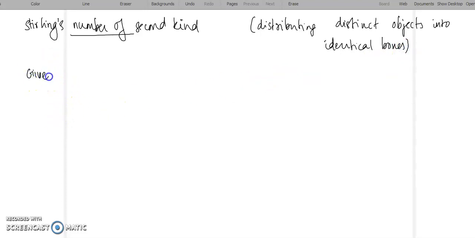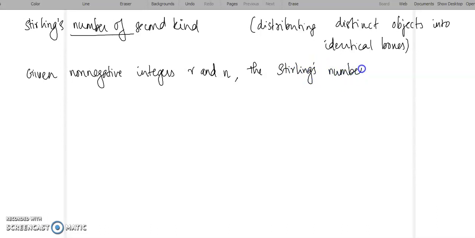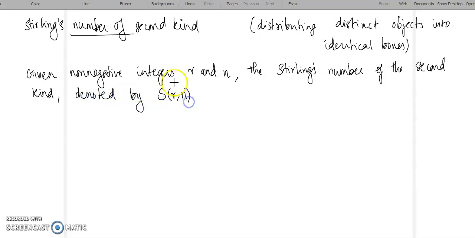So given non-negative integers r and n, the Stirling's number of the second kind is denoted by capital S of r, n. The Stirling's number of the first kind is denoted by small s of r, n, and the Stirling's number of the second kind is denoted by capital S of r, n.